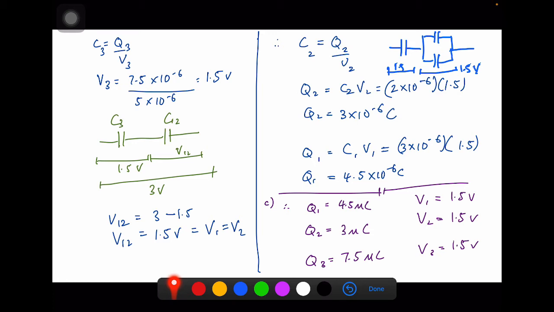I don't remember which one I wrote as C1 and which one is C2. Maybe I'm wrong, I just write it over there. So the charge going out at this junction is 3 times 10 negative 6 and 4.5 times 10 negative 6. If you add up these two, it equals Q naught.